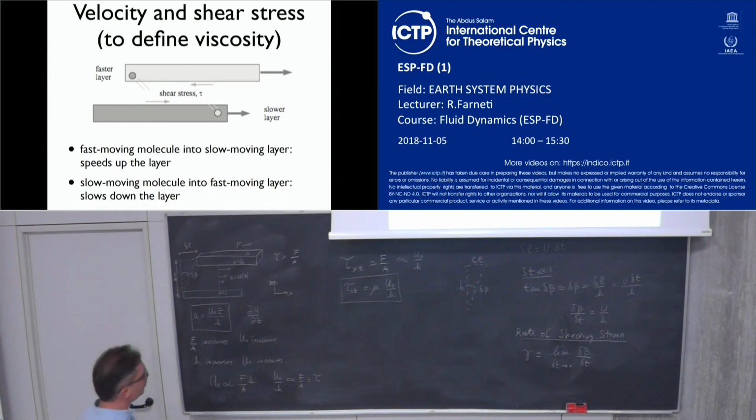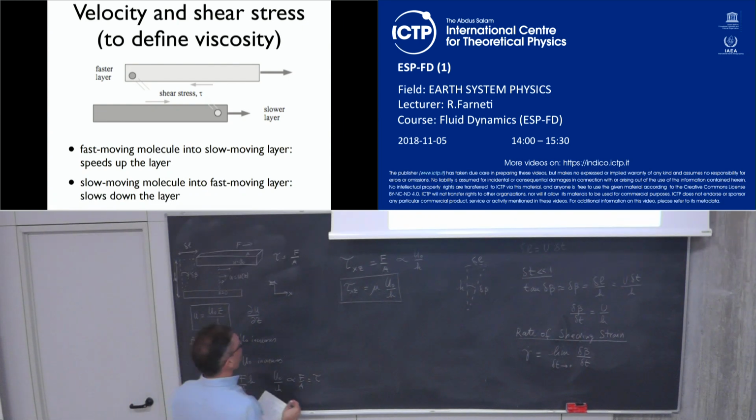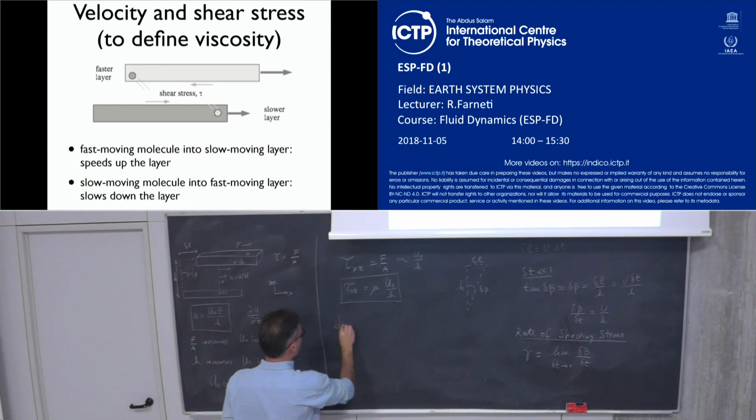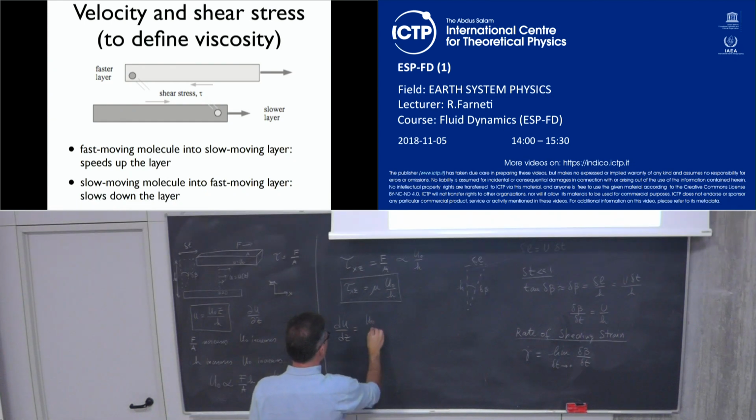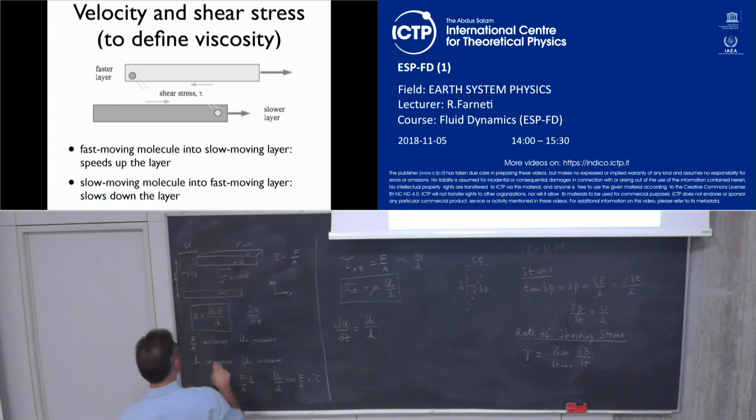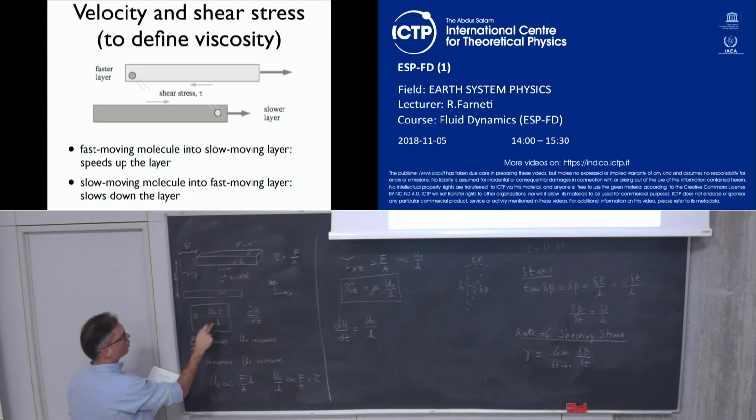It's just a simplification, it doesn't have to be. So because it's a constant, du by dz is equal to u naught over h, because it's a constant in this linear case.